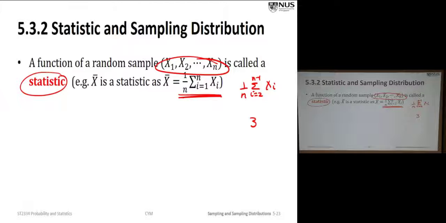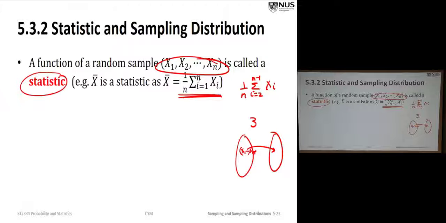Okay, what is a function? Function means that for any x1 up to xn, any values here, we map to some real number. So here, whenever I have x1 up to xn, I take the sum of them and divide by n. So this is a function. This one, yes, it's still a function.